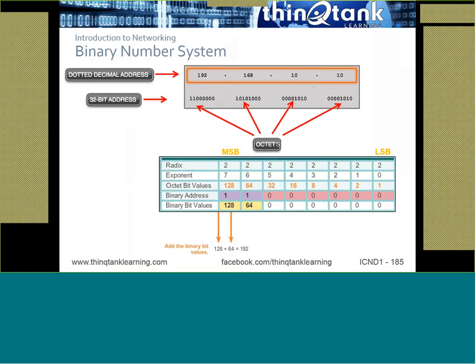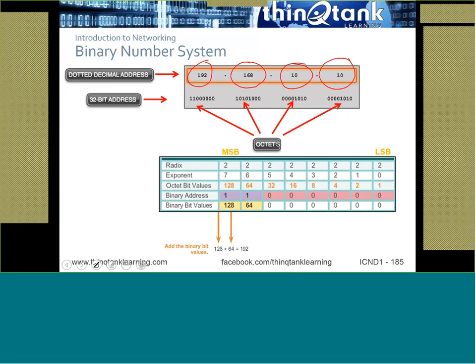With regard to IPv4, we know that we use a specific address format called the dotted decimal format. IPv4 addresses are 32 bits in length, and as such, they can be written in blocks of 8, what we call octets. This is the first octet, second octet, third octet, fourth octet.